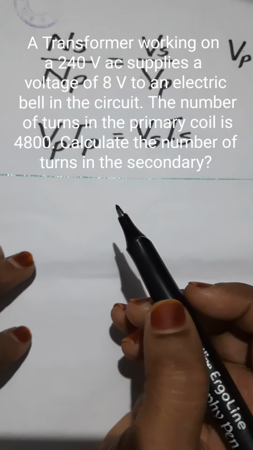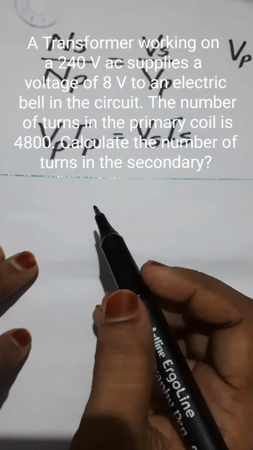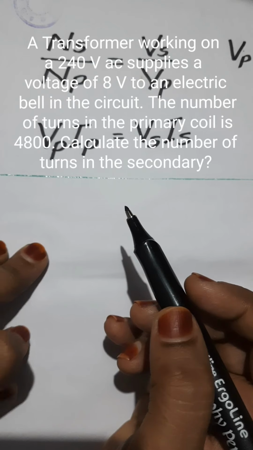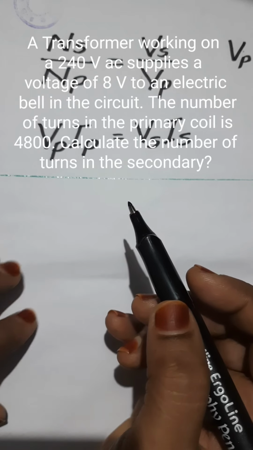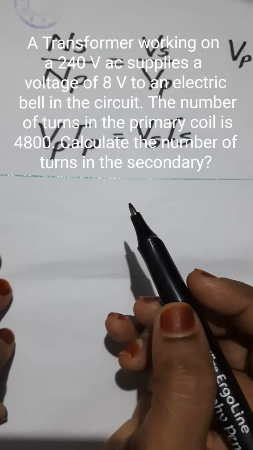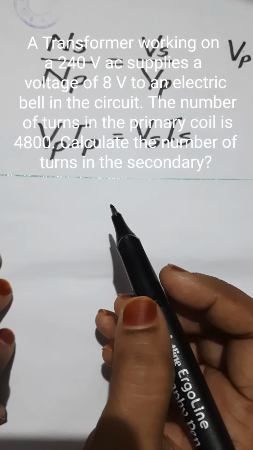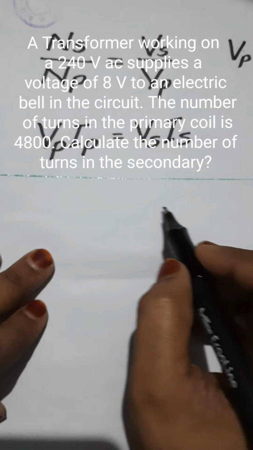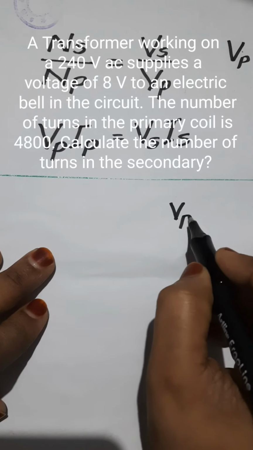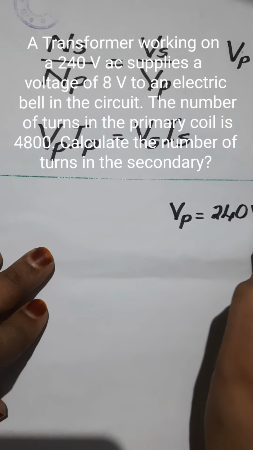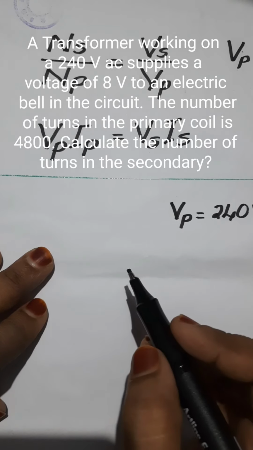In this problem, we have given a transformer working on a 240 volt AC. That means it is primary voltage or voltage in primary. That is Vp equals 240 volt AC.